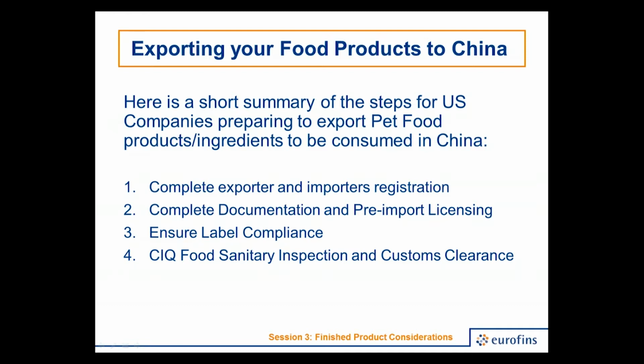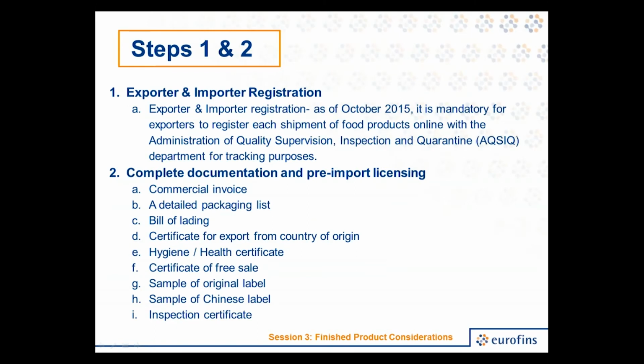Next slide, please. So the first step is to check out the Certification and Accreditation Administration, CNCA. It didn't put the web address in there, but it's cnca.gov.cn. It's a very informative website and is also in English.